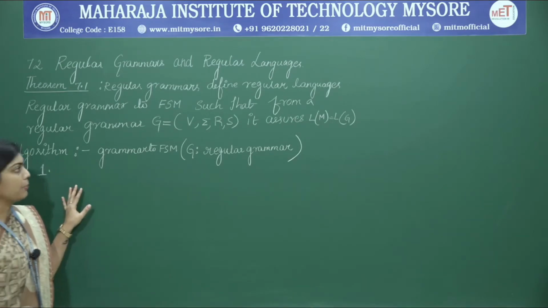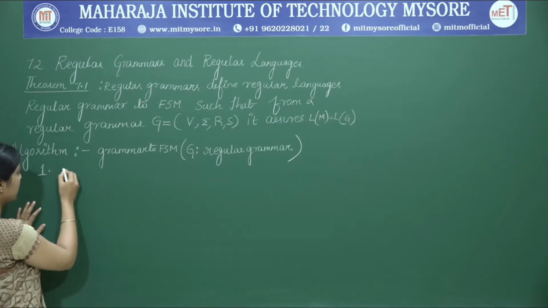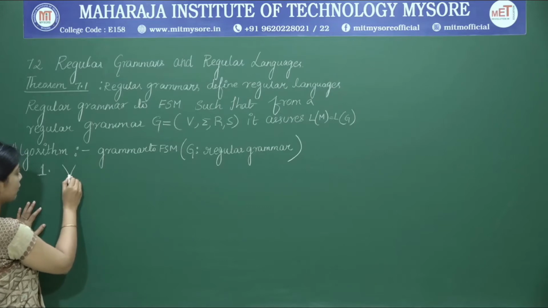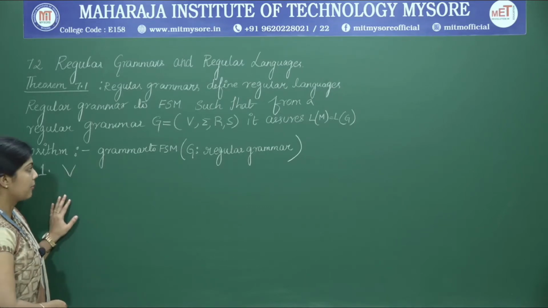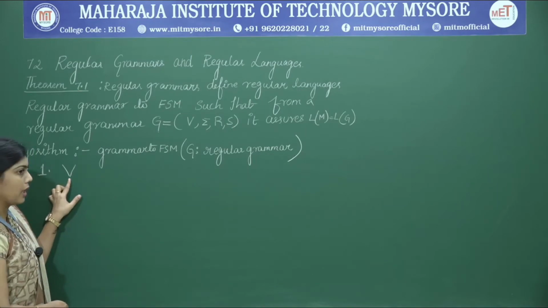The first step states that we have to identify all the variables. V is the set of all the rule alphabets.